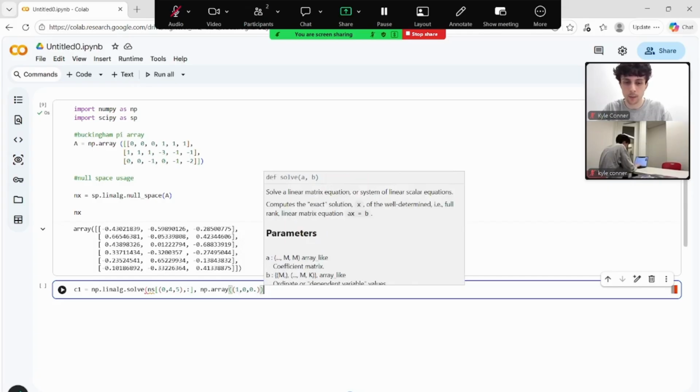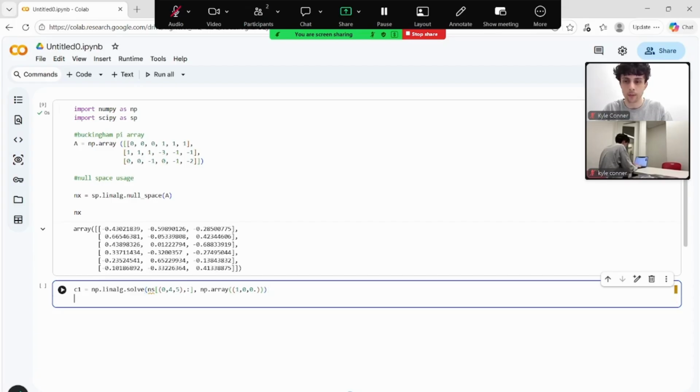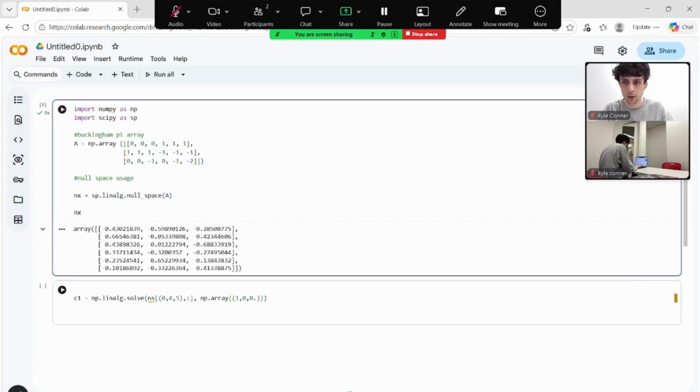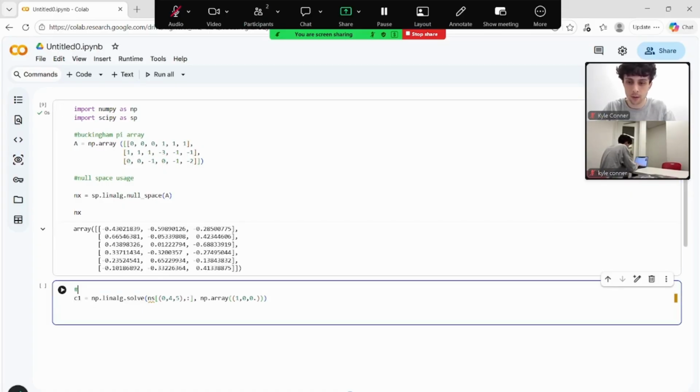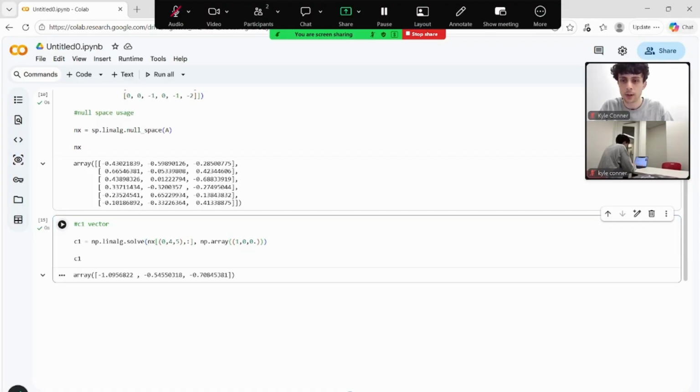With the last apostrophe going on the end there. So this is our C1 value that we have here, and then we'll mark this up here with that C1 showing us our first variable is equal to these three sets of numbers.